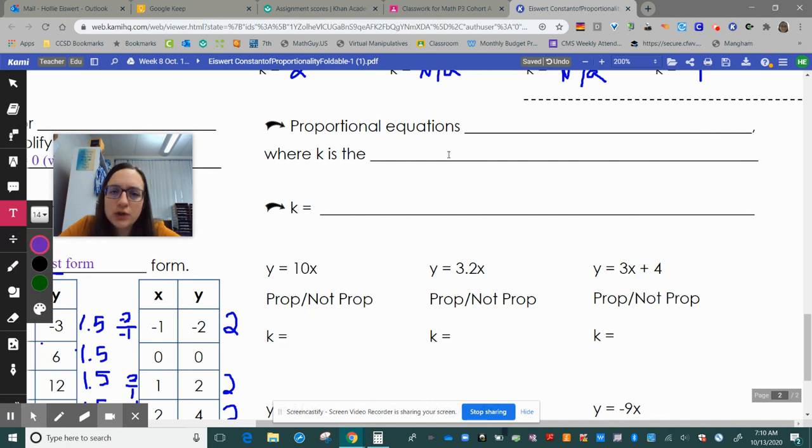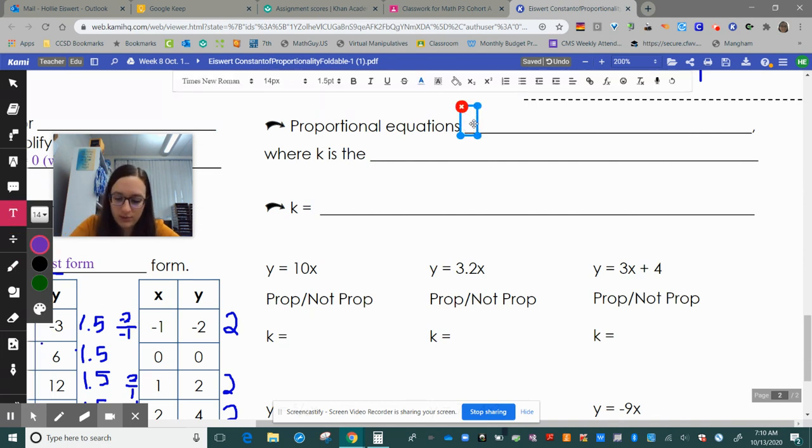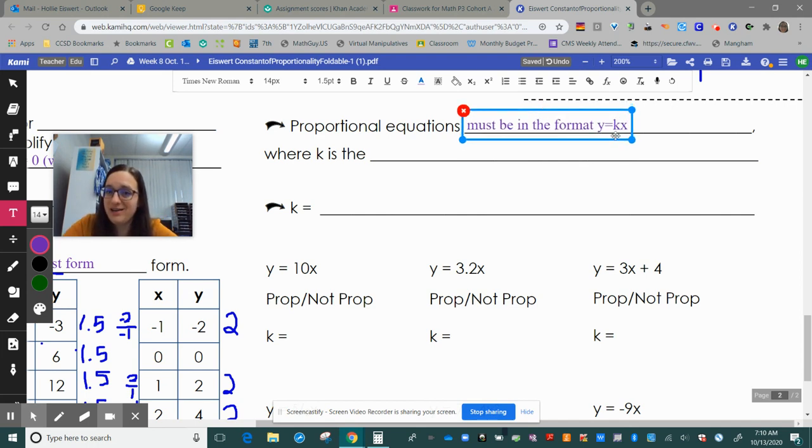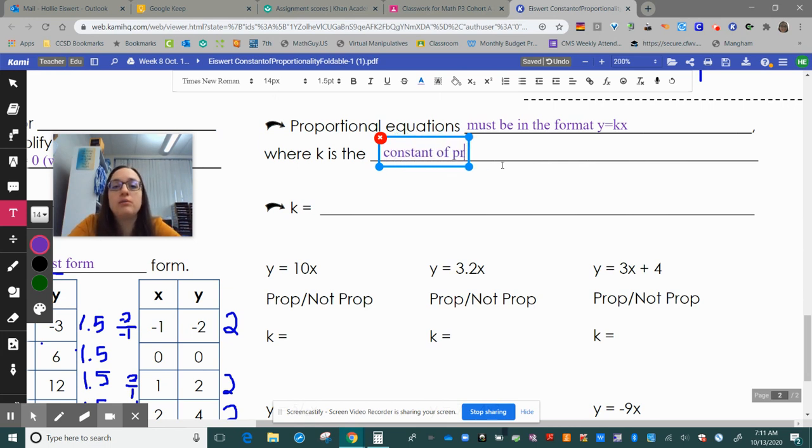All right, proportional equations. These ones are pretty easy. Must be in the format y = kx. There's our equation. Look, our k, our constant of proportionality, is right there next to the x. That'll be helpful later. Where k stands for the constant of proportionality.